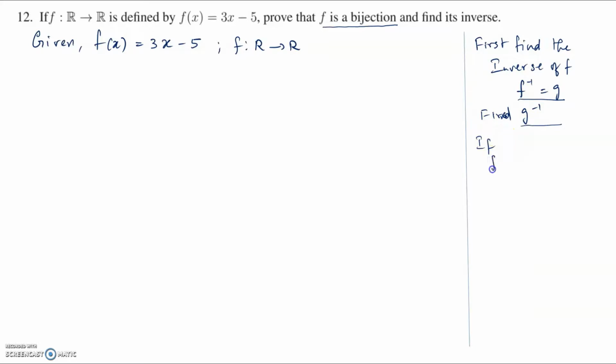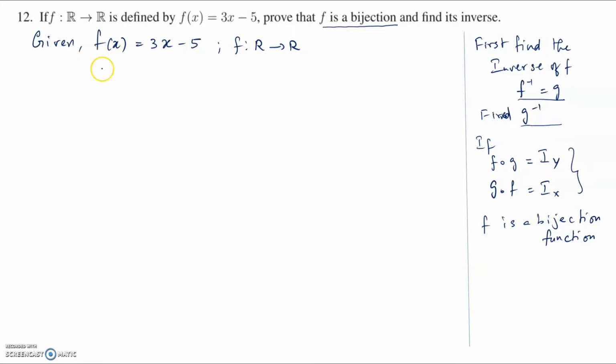Then if f composite with g is equal to I y, and g composite with f is equal to I x, which is an identity function with y and an identity function with x, if this condition is satisfied, then f is a bijection function. So let's try and follow the steps. So first let's find the inverse.